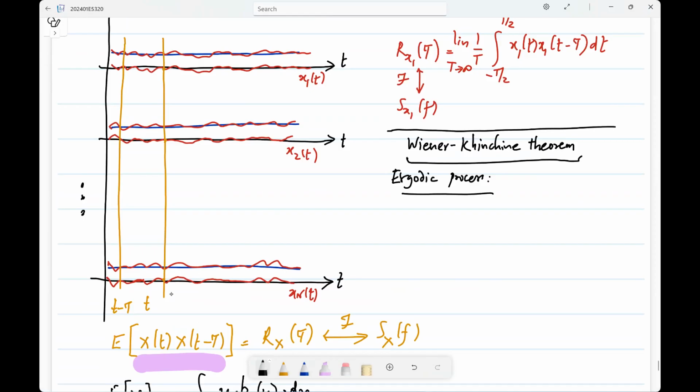So averaging across time and averaging across the ensemble will be the same for ergodic processes. The ensemble just means collection, and then it is averaging across the collection.